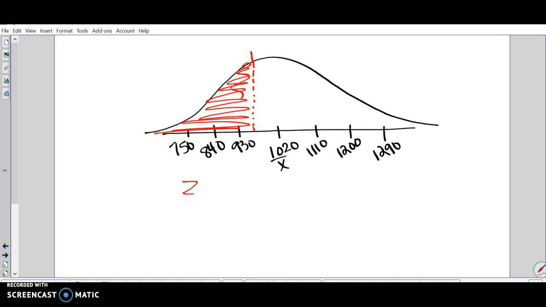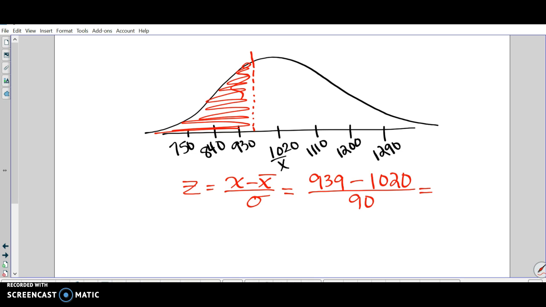So we have to use our z-score formula, which is x minus x bar over standard deviation. X is what they're asking me, so that was my 939. X bar is my mean, and the little thing on the bottom, that's our standard deviation, which was 90.